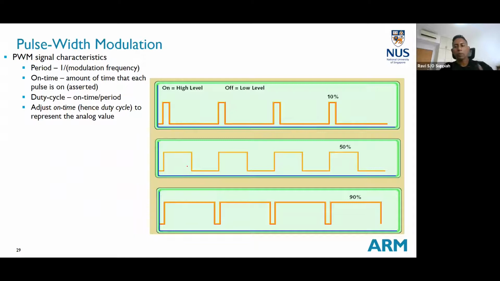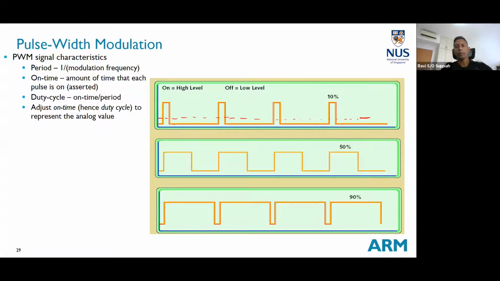Okay, so the principle behind PWM, I don't think I need to go through. I think all of us know that, correct? We basically want to generate an equivalent analog voltage across the pin using a modulated digital signal. So when your PWM signal is low, the average voltage seen at the output pin is also low.